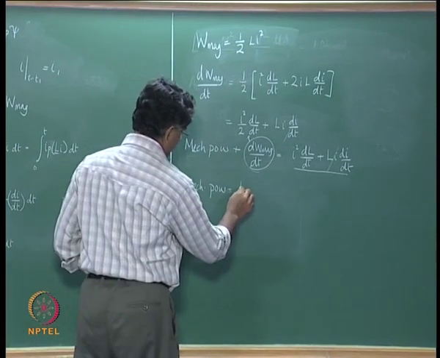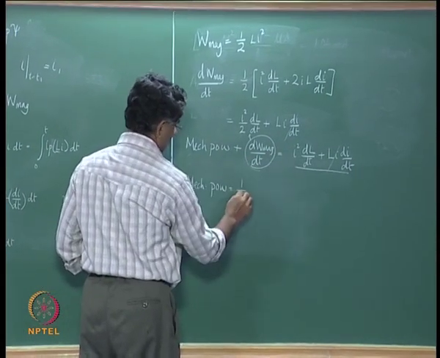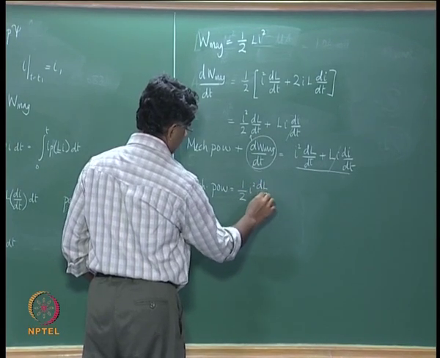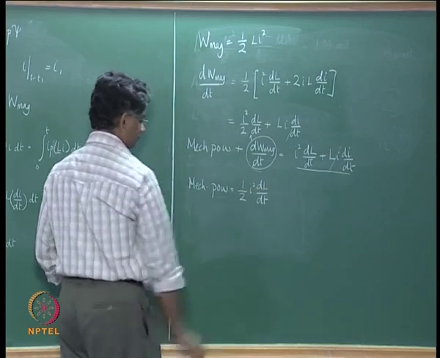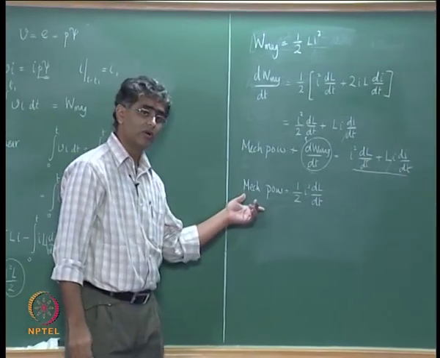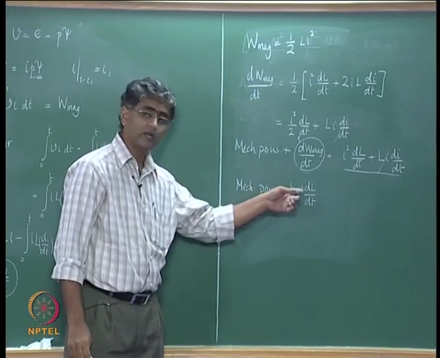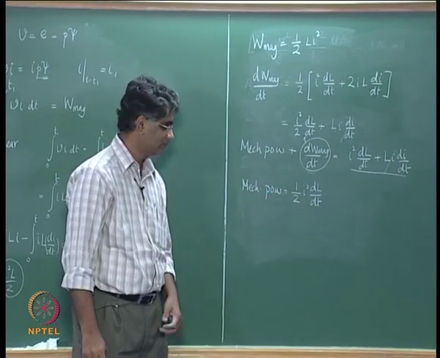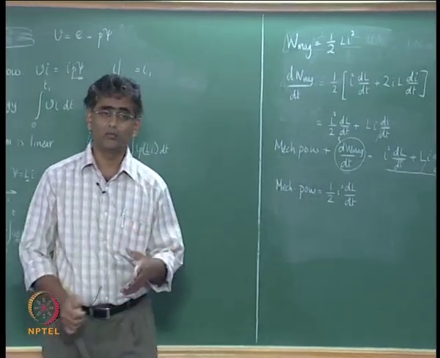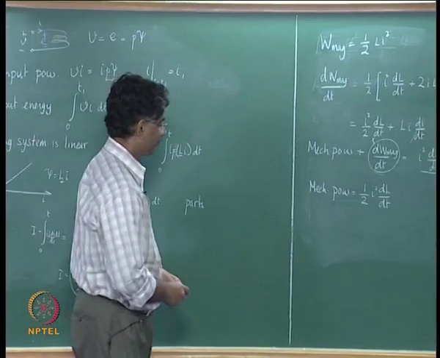Therefore mechanical power is half of I square into dL by dt. So you see that mechanical output depends upon the rate of change of inductance, and that is one of the reasons why inductance is very important in electrical machines.